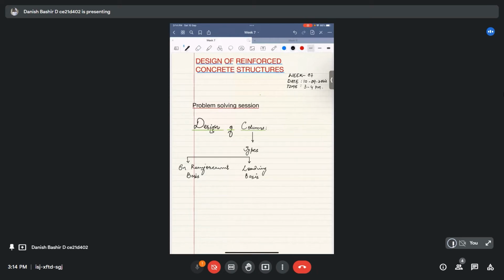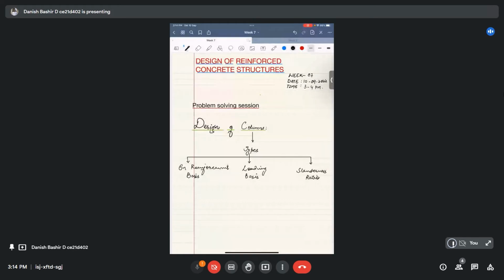Another classification can be made on the basis of slenderness ratio. I will give a brief about each category, then we will start with the problem.